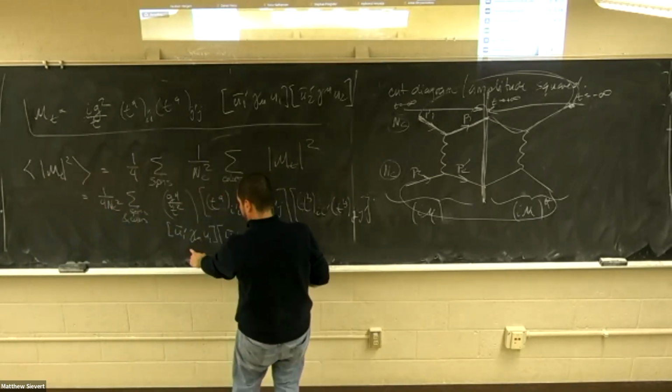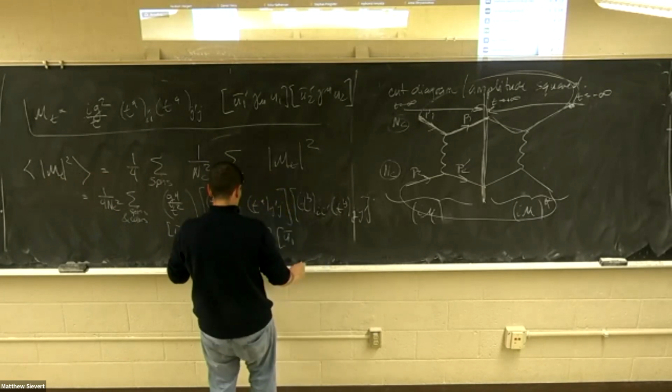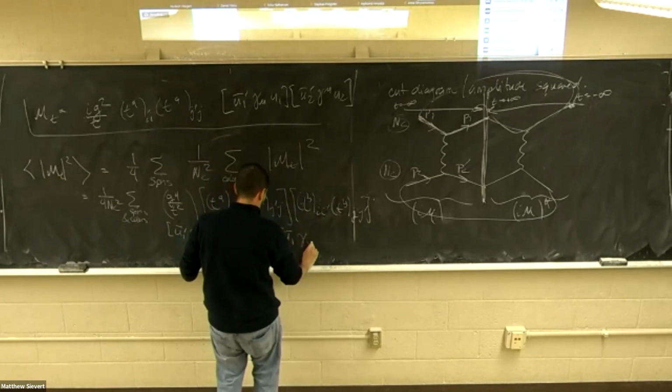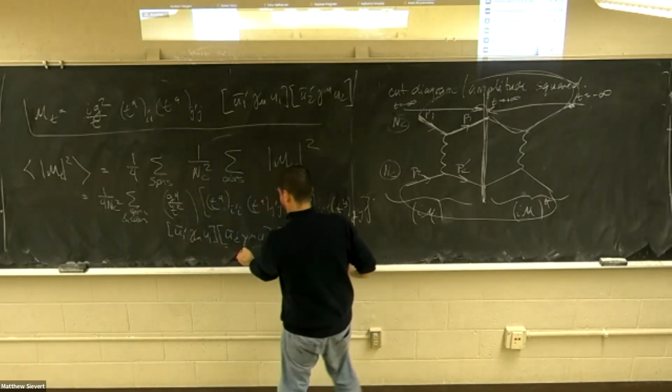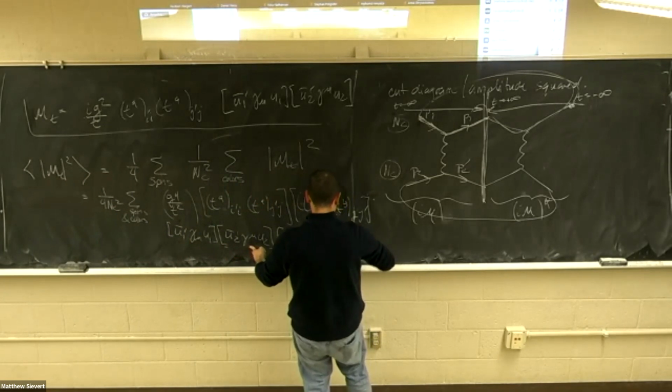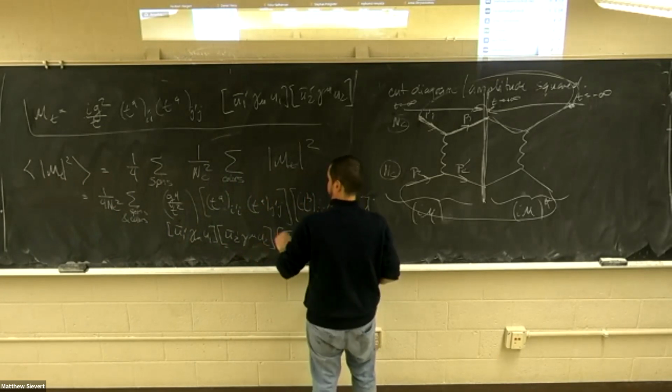So the conjugate of this first expression is ū_1, I have another gamma matrix, γ^ν, u_{1'}. And then I read the other one backwards as well. That one looks like ū_2 γ_ν u_{2'}.